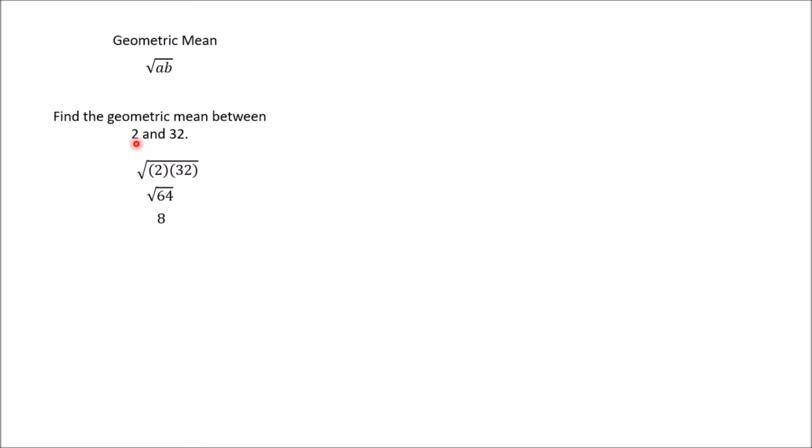If we had 2 and then blank and then 32, 2 times 4 equals 8, times 4 equals 32. And so it's the middle point of that geometric sequence.